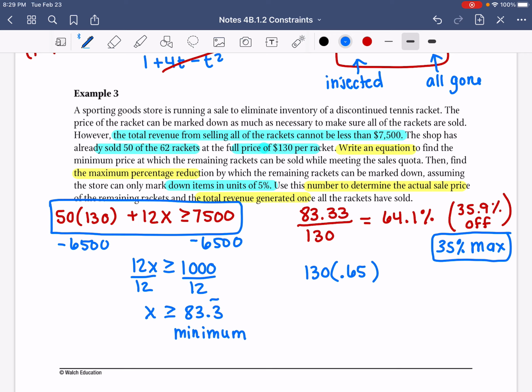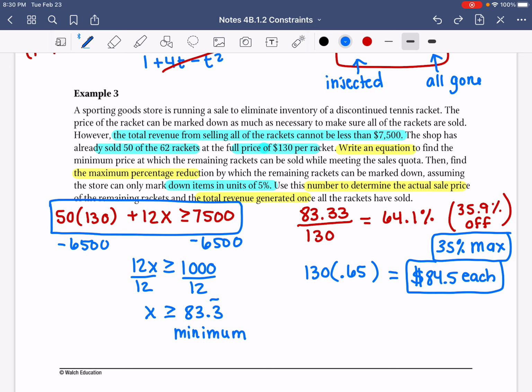So 130 times 0.65 is $84.50. The minimum we could sell it for was 83.33, but we're going to sell it for $84.50 because we can't do 35.9% off. We can only do increments of 5, so we have to do 35% off.